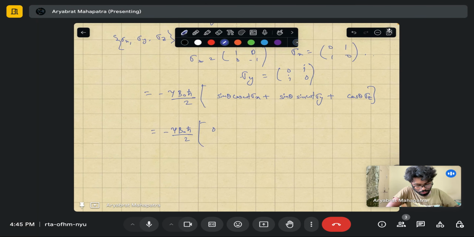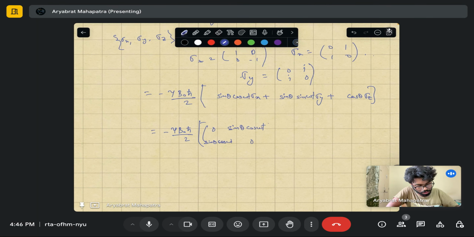So I have 0, sin theta cos omega t, then sin theta cos omega t, 0.